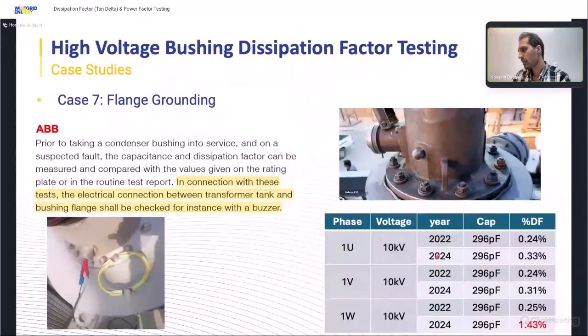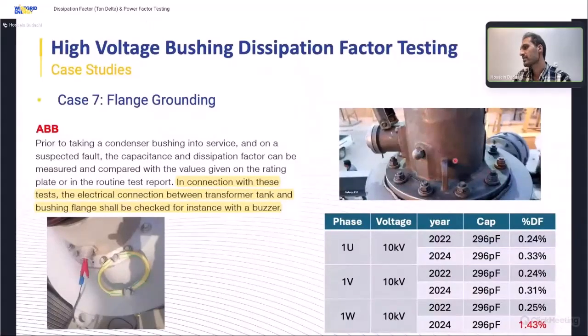The dissipation factor of a bushing was measured in 2022 and 2024. But for one phase, we measured a higher dissipation factor at the routine test. Finally, we checked the bushing and found that there is no flange grounding.